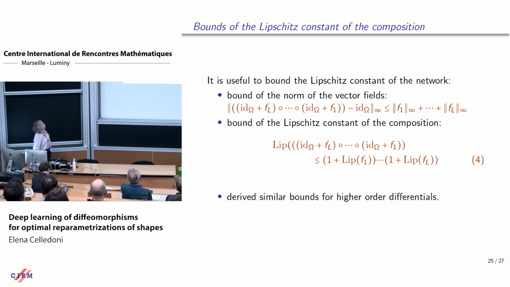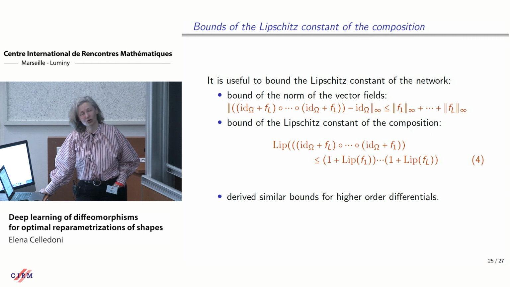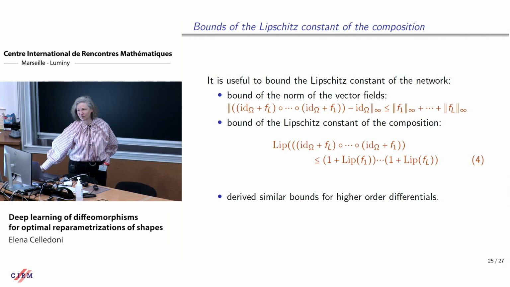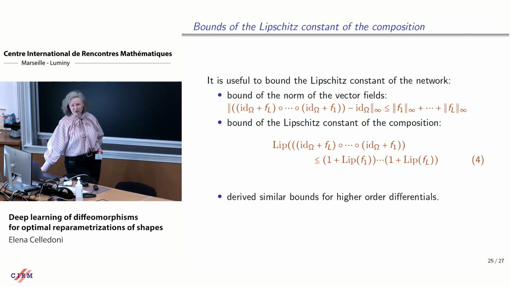We also derived bounds both for the norms and for the Lipschitz constants of the composition of diffeomorphisms. And these are useful because normally you would like to be sure that you have some sort of boundedness of the network. There are these problems of exploding gradients in neural networks, and these sort of bounds are useful.